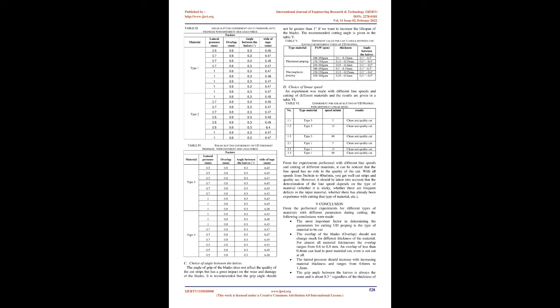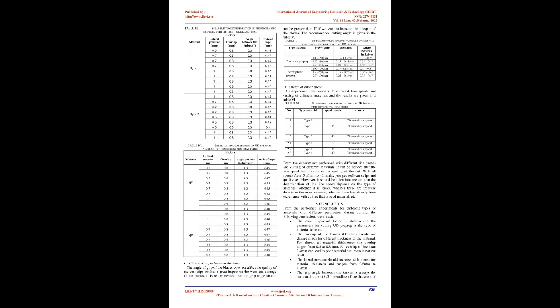A. The overlap between the upper and lower blades. One of the many factors that are crucial for the good quality of the cut strips, and as mentioned several times in the previous chapters, is the determination of the overlap between the upper and lower blades. B. Choice of lateral side pressure between upper and lower blades.